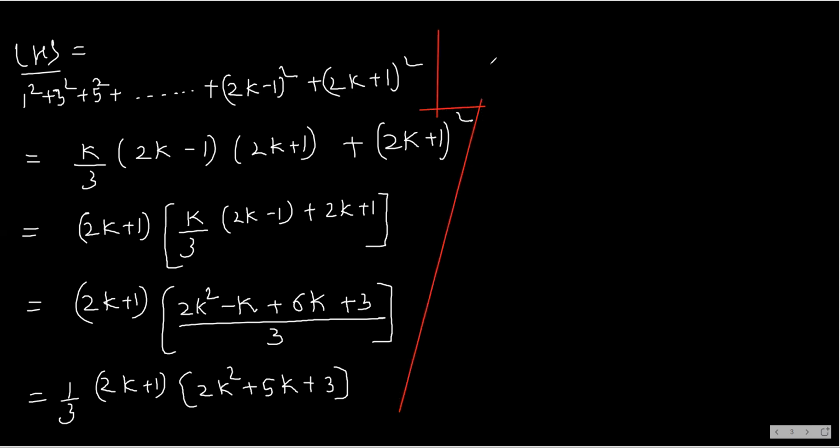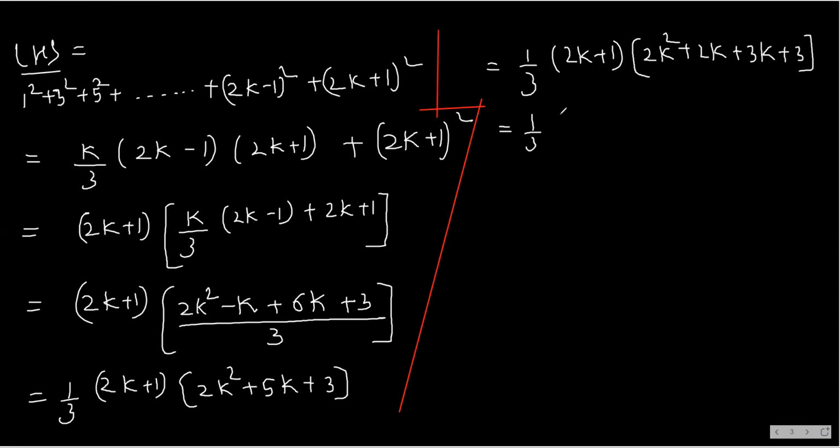So the next step I will get 1 by 3, 2k plus 1, and this is 2k square plus 2k plus 3k plus 3.